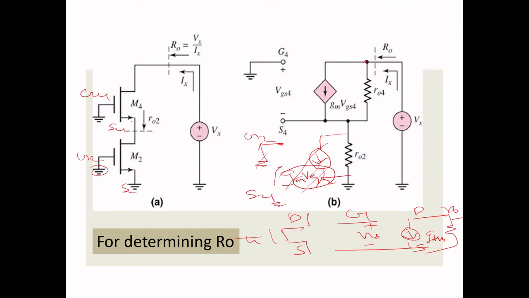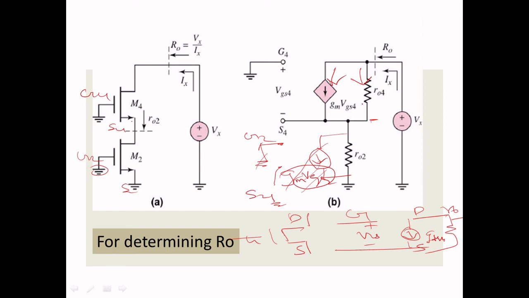Now I'm applying the KCL to this equation. This current term is coming outside, this current term coming outside. So Ix equal to this term plus this term. So what you'll get: Ix equal to gm VGS4 plus Vx minus of this drop. We want to look from this minus polarity, so minus VGS4 divided by this r04.